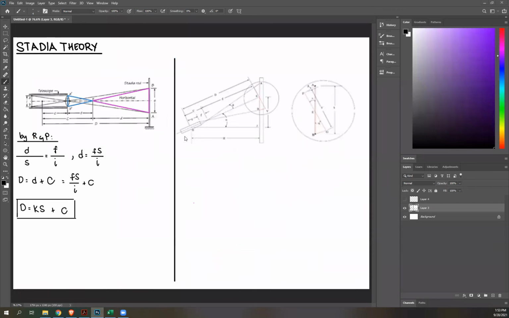Okay, so let's make this clear. So this is H, and this is your H, and then this is your V. Okay, this is your instrument. So let's draw a line of sight.